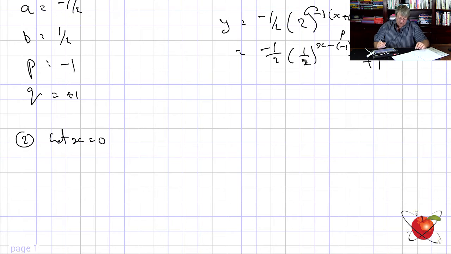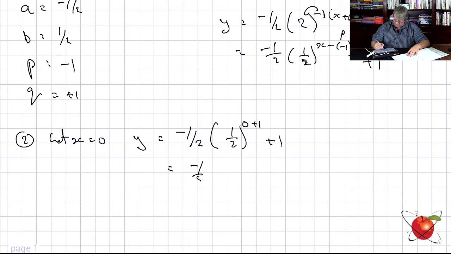Let x equal 0. Therefore, y is going to be minus a half times a half to the power of 0 plus 1, which is going to be minus a half times a half plus 1, which is minus a quarter plus 1, which is going to be equal to 3 over 4.